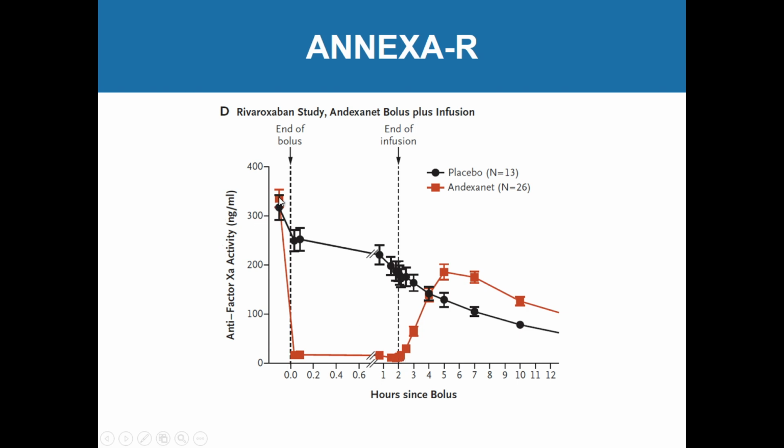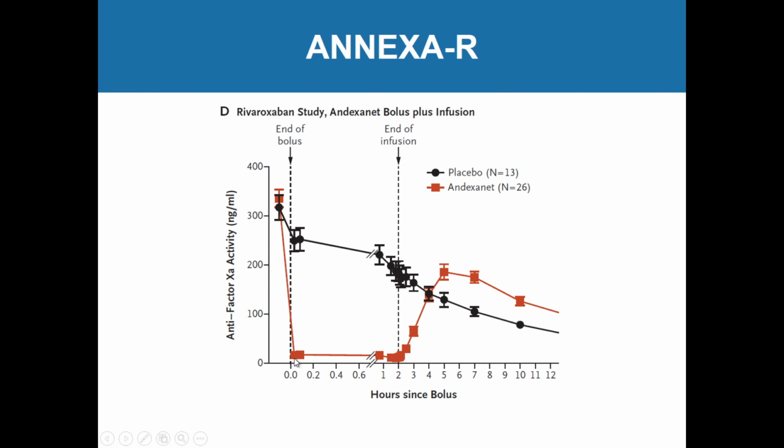And you can see in the red line that volunteers who had taken rivaroxaban had a dramatic and rapid drop in plasma anti-factor Xa activity when treated with the andexanet bolus versus placebo.